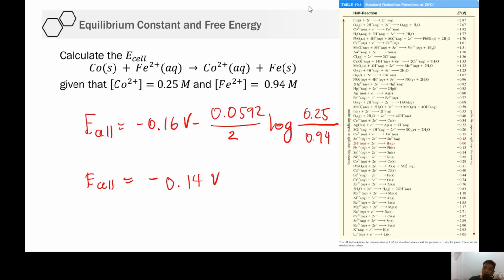So what you can see is that by changing the concentration, you can change the potential of the cell. This is what the pH meter is actually doing. The pH meter determines the E cell, and from the E cell, it solves for the concentration of H plus in the solution. It is programmed to solve for the concentration of H plus using the Nernst equation.